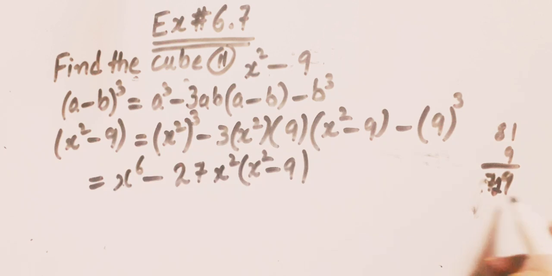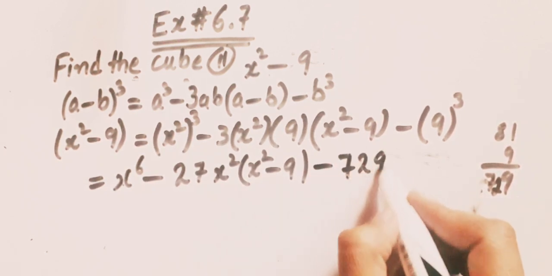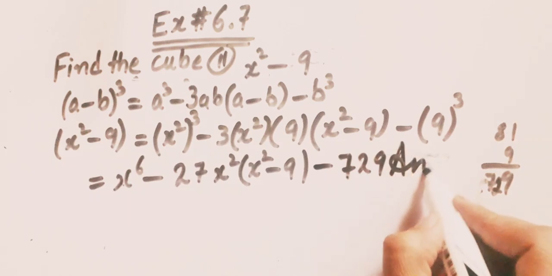So you have minus 729. This is the answer of this question.